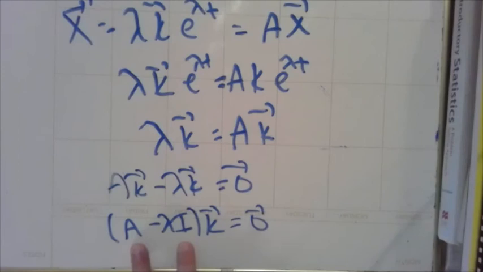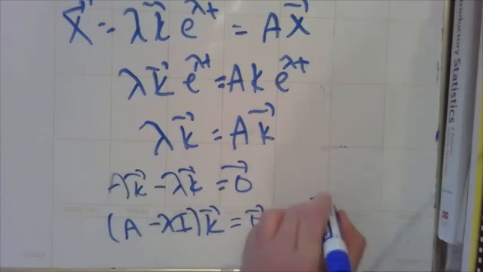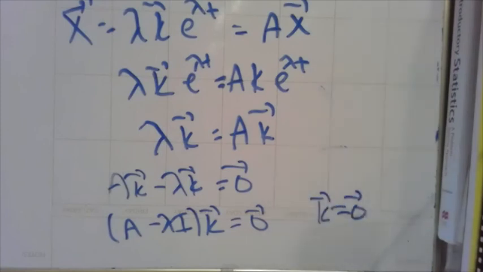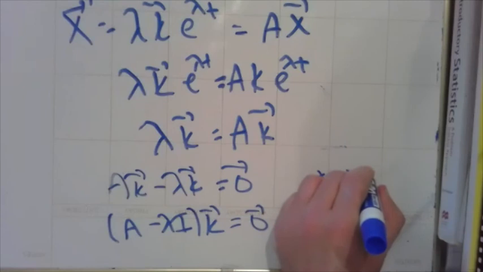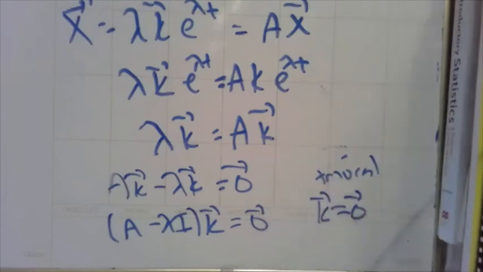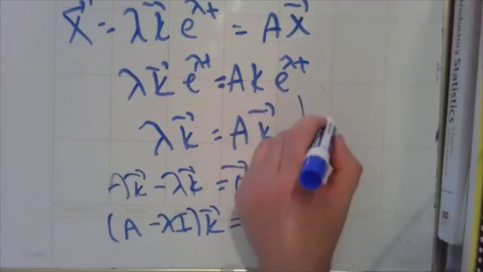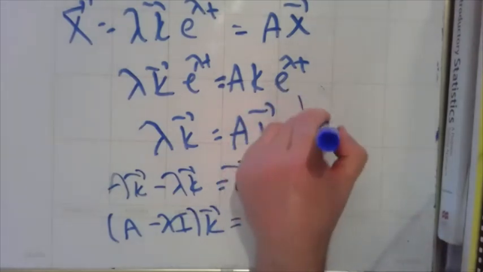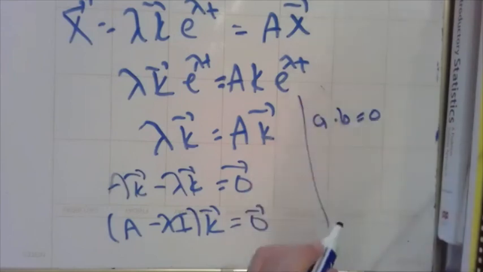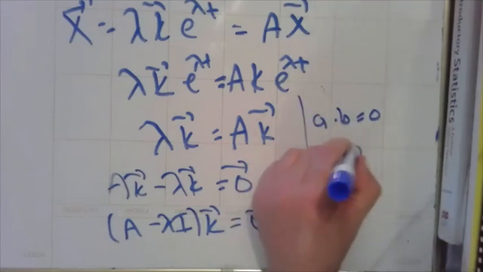Well, the obvious solution to this is K must equal 0, the 0 vector. That's boring. We call that the trivial solution. We want non-trivial solutions. In everyday math, in the real number system, we have the zero product property of equality that says if two things multiply to be 0, one of them must be 0.